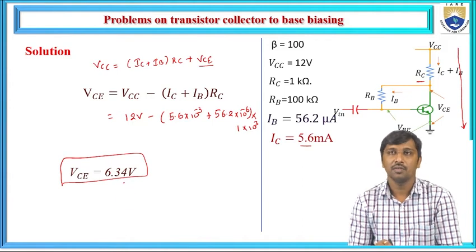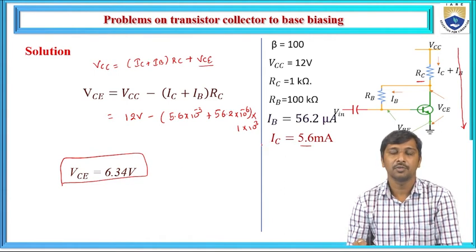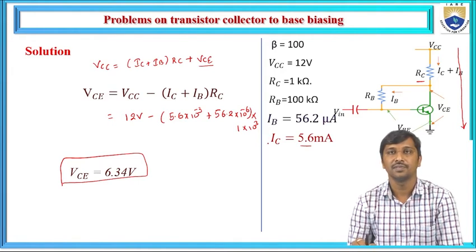Up to this point, we have observed the collector current and the VCE parameter based on the collector to base bias. Now we need to find the quiescent current and the quiescent voltage of collector to base biasing. This quiescent point defines the operating point, the Q point.